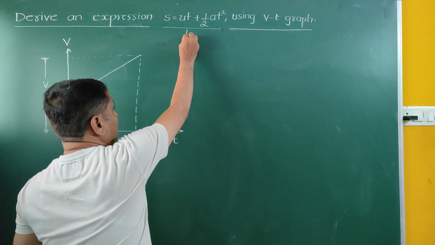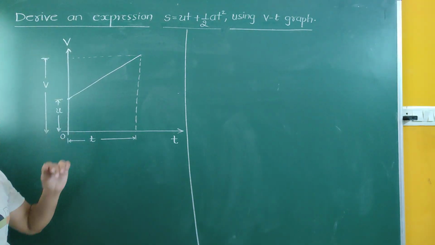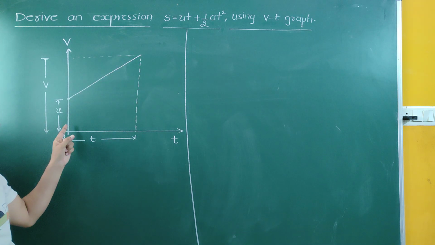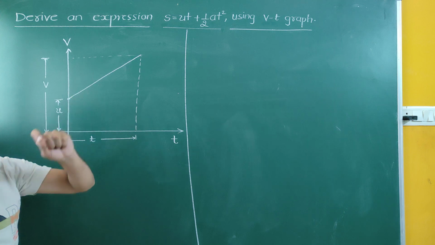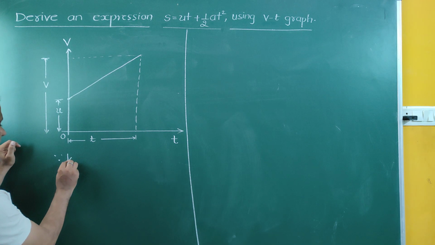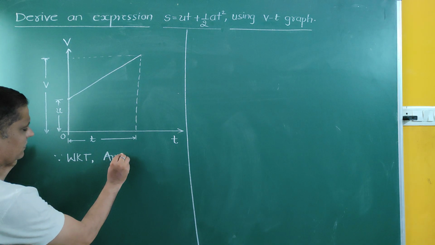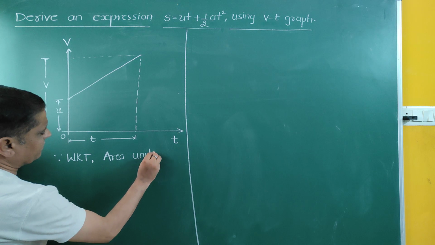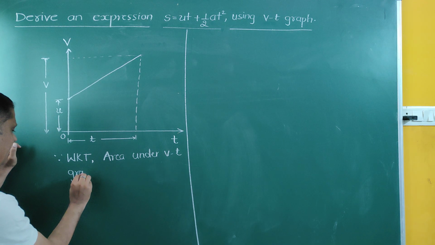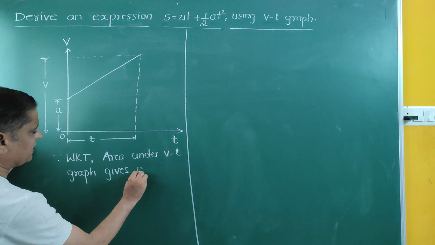Today our aim is to derive an expression for displacement. As you know, we can get the displacement of a body from the VT graph from its area, that is, the area under the VT graph gives displacement.